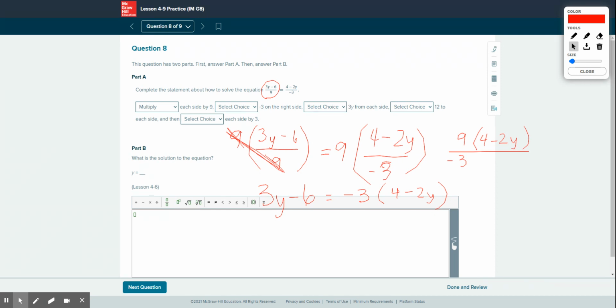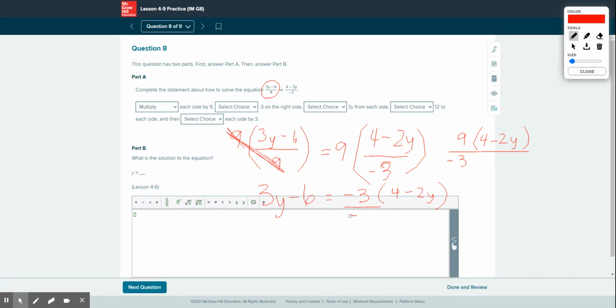Think about the next step. I want to get 3y. I have a couple of options here. If I choose to distribute this right over here, I would get -12 plus 6 times y. If I choose to factor the -3, then I have to consider what my consequence would be.